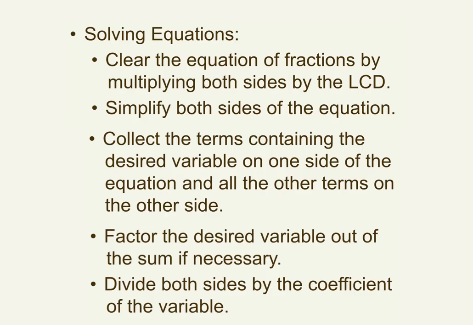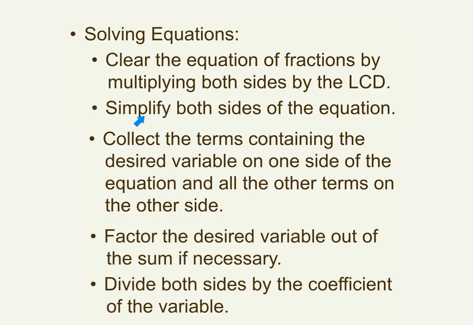Just to review solving equations, the first thing you want to do is clear any fractions or clear decimals. We want to get rid of fractions and decimals so that it'll be easier to solve. Then you want to simplify both sides of the equation. That may mean distributing, combining like terms, but you want to make sure that both sides are as simple as they can get. No terms that you could potentially add together.